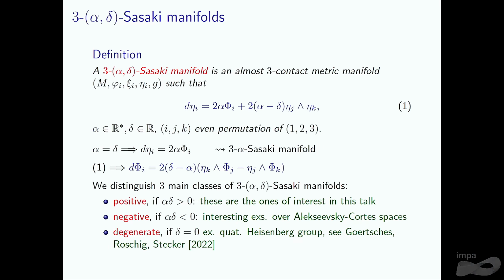But we know that if you are looking at quaternionic Kähler spaces of negative scalar curvature, then you get non-symmetric examples due to Alekseevsky-Cortés. And I'm just mentioning that it is really possible to construct negative three-alpha-delta Sasaki manifolds by using these Alekseevsky-Cortés spaces. So it gives you a nice way of using them for this kind of geometry.